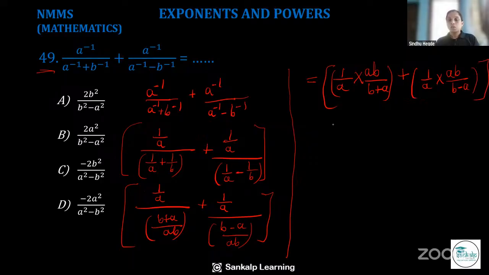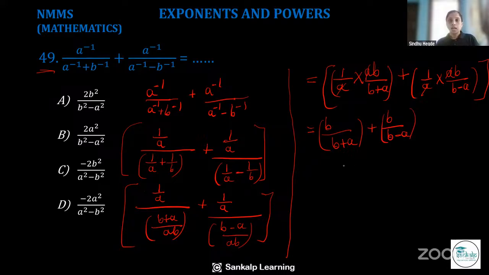Now, if similar terms are there, then cancel them out. Here a is in numerator and denominator both, so a gets vanished. In second one also a cancels out. What remains here? In numerator only b remains, divided by b plus a in the first term, plus here also b divided by b minus a remains.